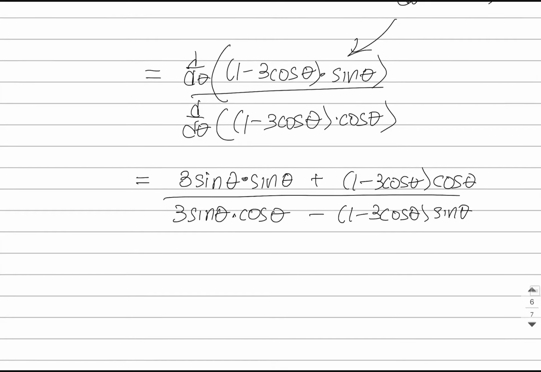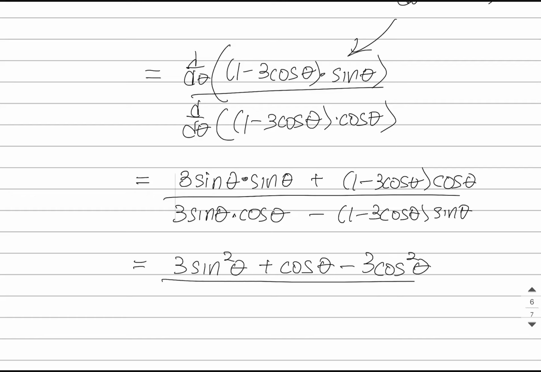So it's a good opportunity up here to clean it up. You can't just leave it in the messy form that it's in. And so if I go ahead and I clean this up a little bit, this is what I'll end up with. I'll get 3 sine theta cos theta, subtract sine theta, plus another 3 sine theta cos theta.